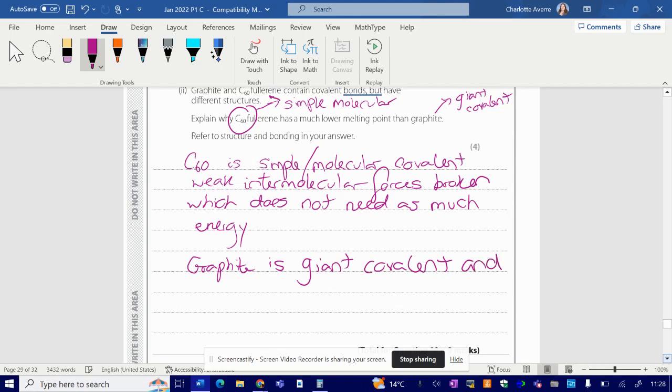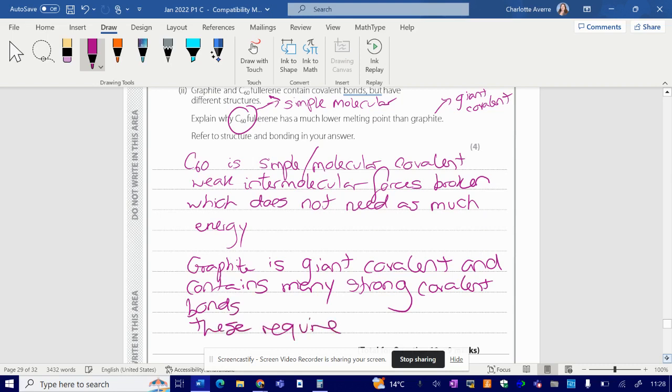And contains many strong covalent bonds. These require more energy to break. That should be enough to get me my 4 marks.